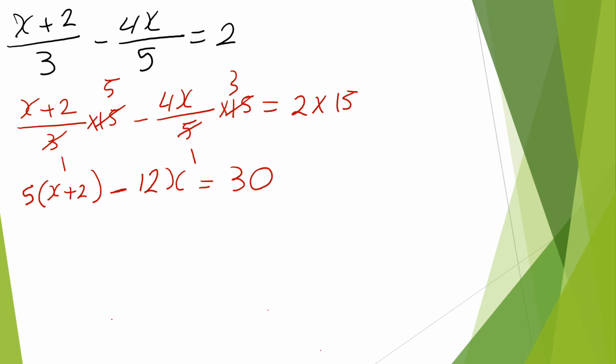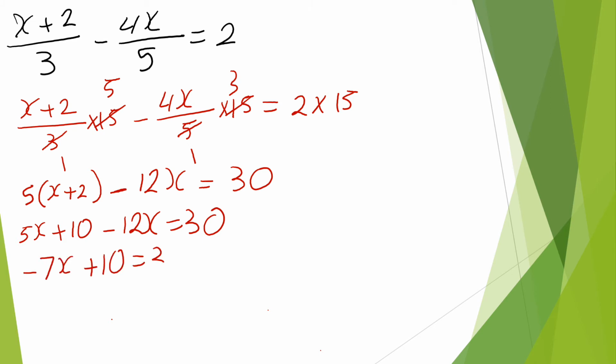In this method, it's easier to get rid of all the fractions in one step. And then now you can expand. So we've got 5x plus 10 minus 12x equal 30. Now adding the like terms, 5x minus 12x is negative 7x plus 10 equal 30.